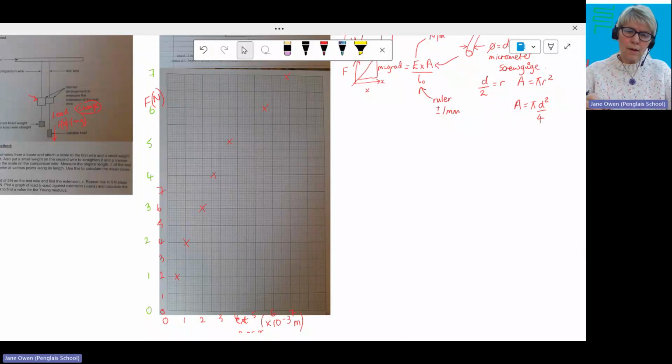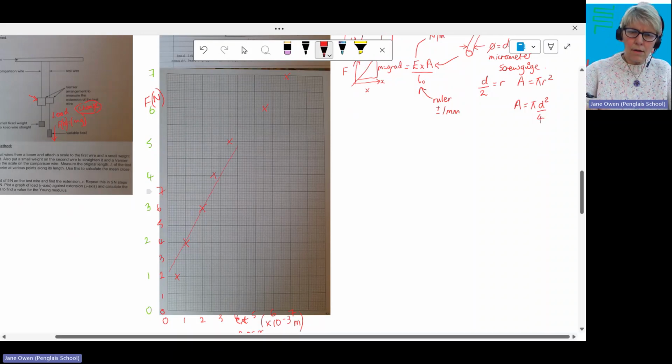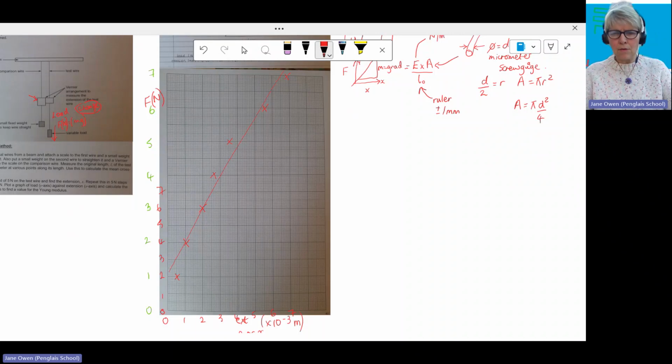So I'm just going to have a go here, but of course mine is freehand, yours won't be like this. Right, now just make sure that you use a ruler and a sharp pencil. Don't do what I've done and do it freehand. But you can see that I've got 1, 2, 3 below the line, and 2 above the line, and a couple on the line.